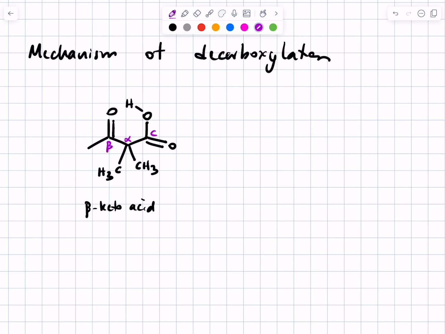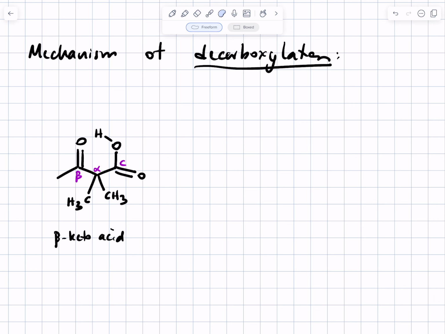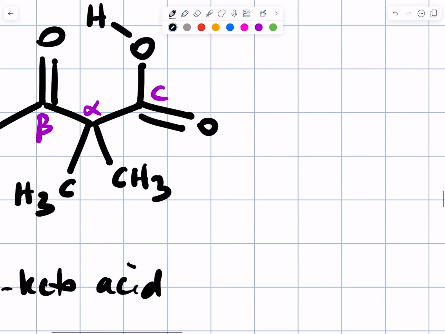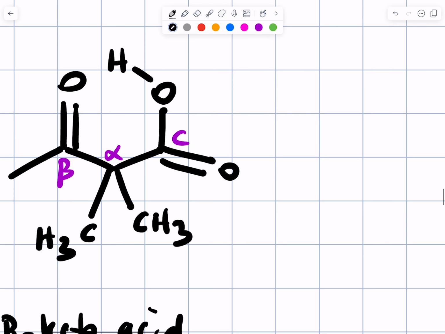You can do decarboxylation under a couple of different conditions. We're using acidic conditions here because we needed to hydrolyze the ester. So I will show you a mechanism for decarboxylation under acidic conditions.